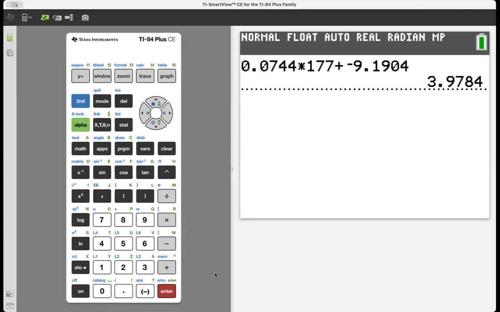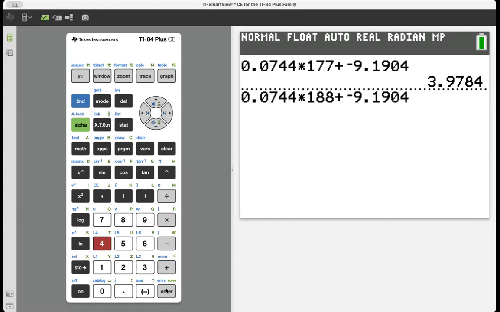Okay, now because we are going to do the same exact kind of calculation for the next male who's 188 centimeters tall, let's do that right now on the calculator. Let's plug in 188 for x. So 0.0744 multiplied by now 188, and then do the same b part, negative 9.1904.